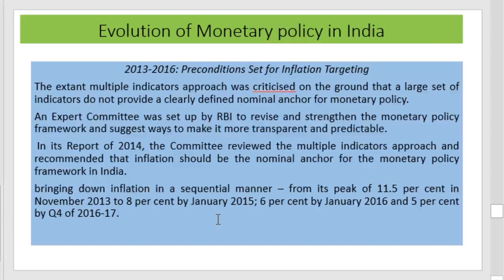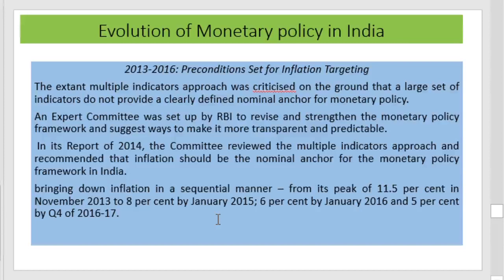And the expert committee was set up by RBI to revise and strengthen monetary policy, and they suggested ways to make it more transparent and predictable. In its report in 2014, the committee reviewed the multiple indicator approach and recommended that inflation should be the nominal anchor for the monetary policy framework. That is, instead of depending upon other factors, inflation itself should be the nominal anchor for the monetary policy framework in India.